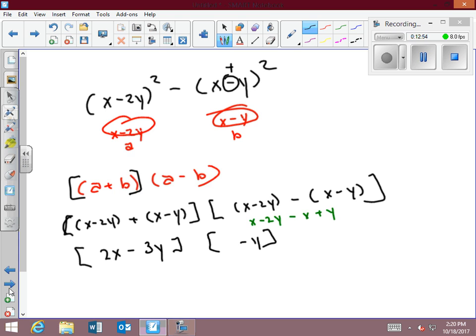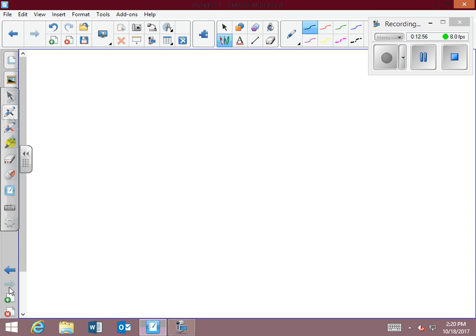Now on sum and difference of cubes, that algorithm sheet says this: if you have a difference, I want to stay with a cubed minus b cubed. This is going to factor into a minus b, a squared plus ab plus b squared.